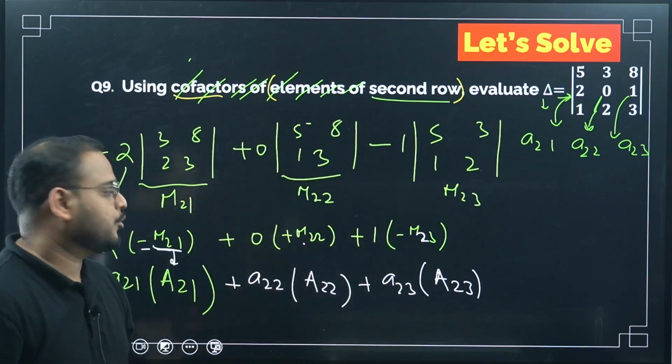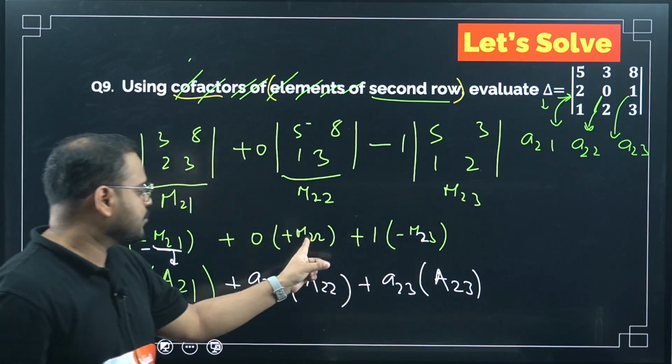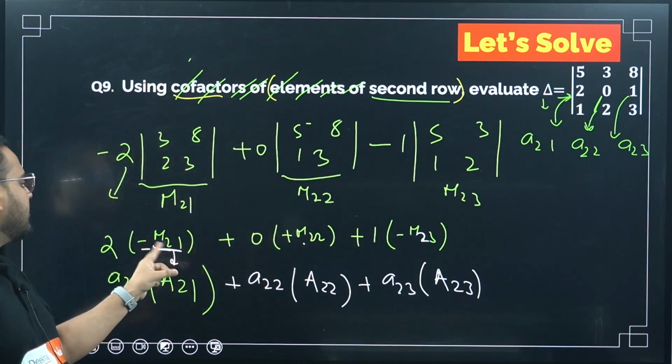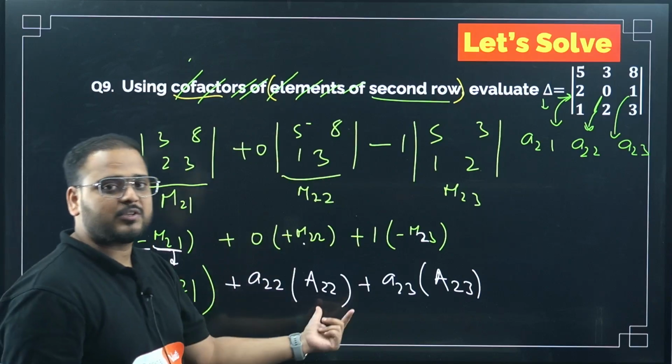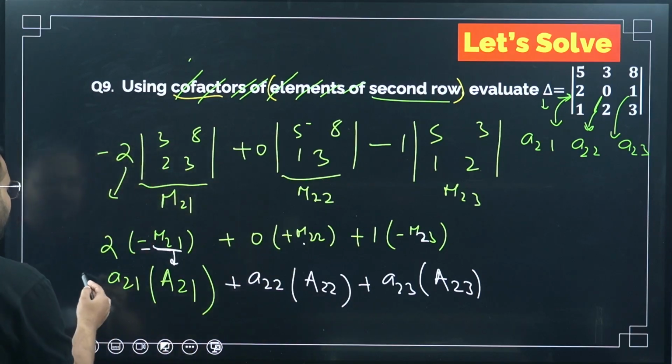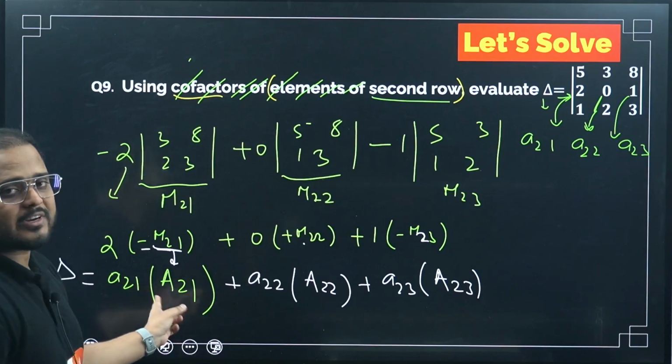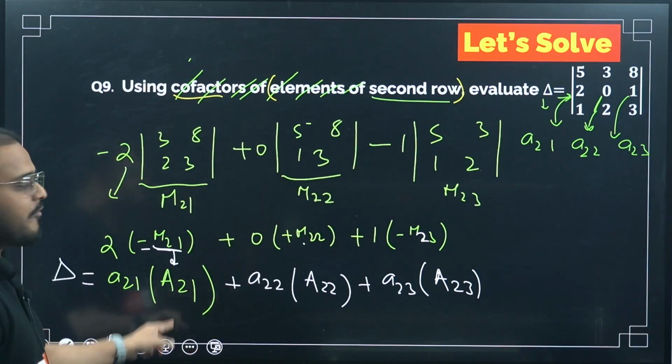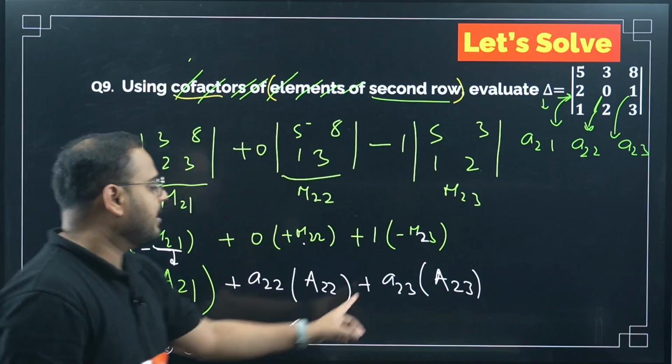So cofactor. 2 plus 3 is odd, so negative. 2 plus 2 is even, so positive. 2 plus 1 is odd, so negative. So basically what I'm trying to say is you can find the determinant across any row using its cofactors by this formula: element with cofactor, element with cofactor, element with cofactor.